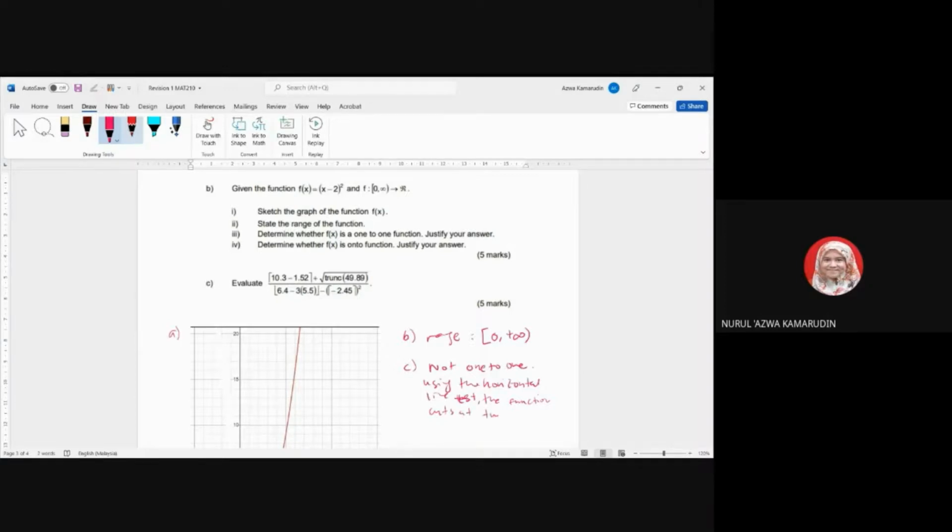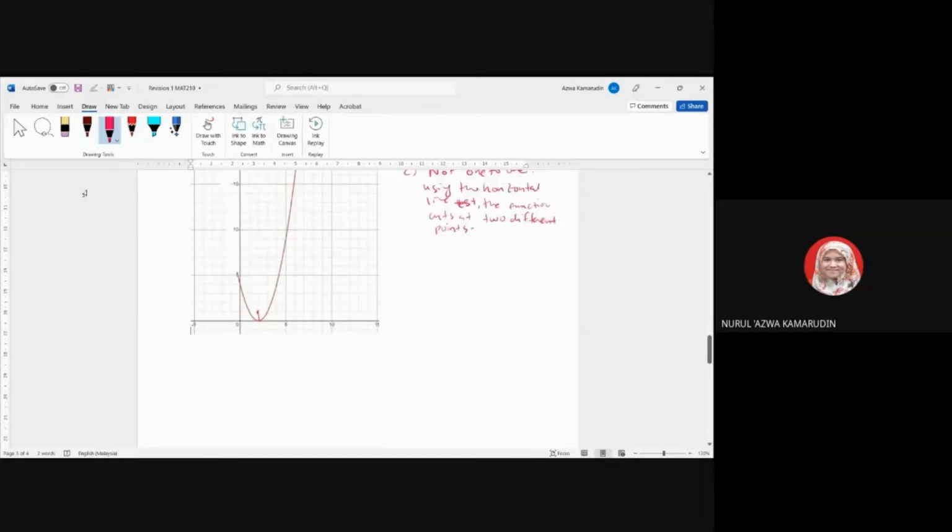If you test a horizontal line up here, it cuts at one point. But starting from here, it cuts at 2 points. This one also 2 points. So it is not a one-to-one function.